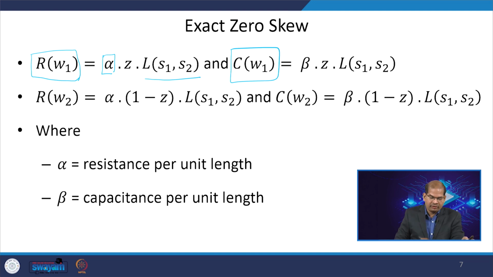So, this is for one branch. Similarly, we can apply the same thing in the second calculation. So, in R of W2, our z will be replaced by 1 minus z. Similarly, in C of W2, your z will be replaced by 1 minus z.